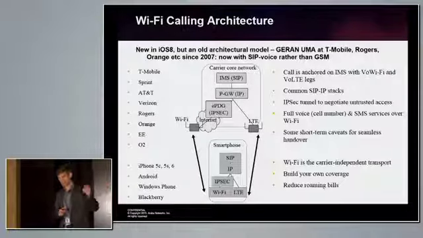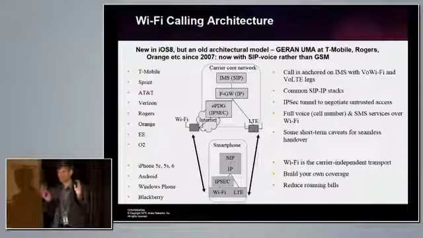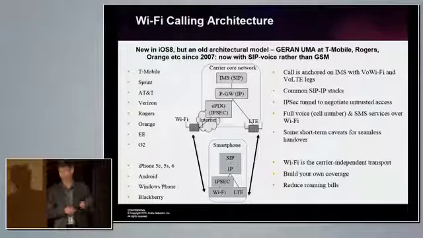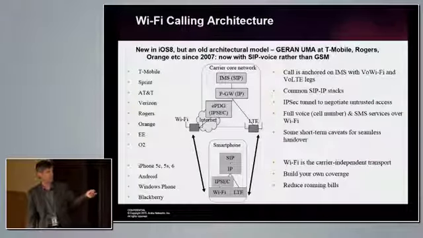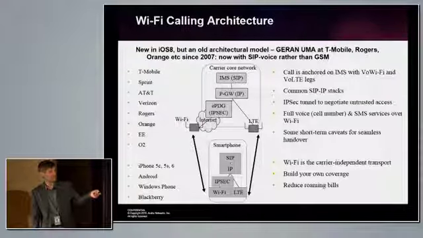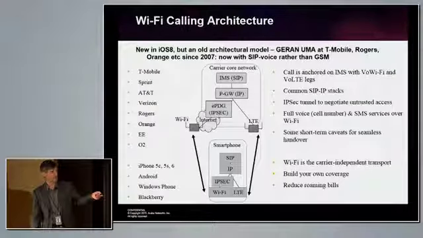The architecture I put up here is the general architecture. It's not necessarily the way everything is implemented today, but it's good enough for our purposes. So essentially, you've got some sort of SIP client in the device, which goes over IP, of course. Then you've got an IPsec tunnel that goes back, and then it goes out through the Wi-Fi.